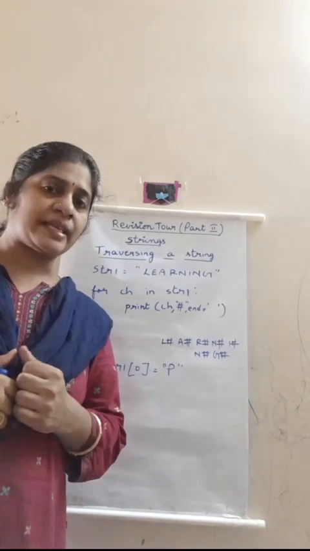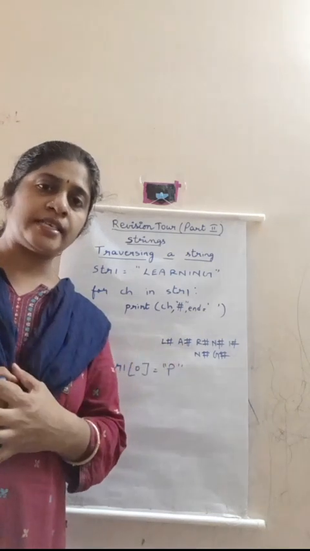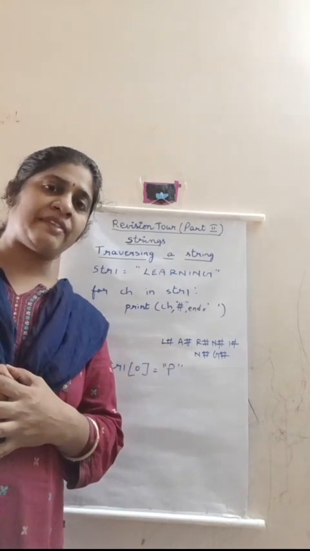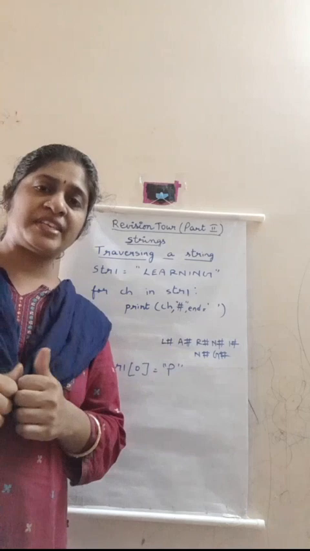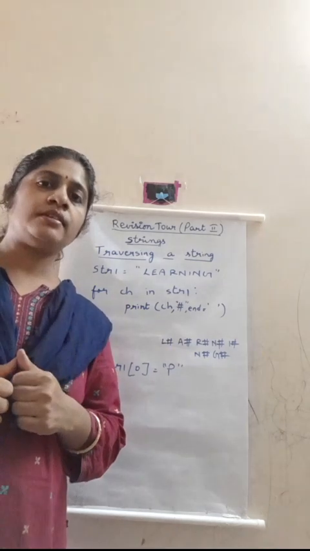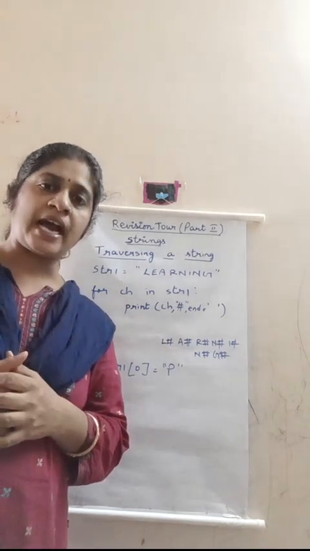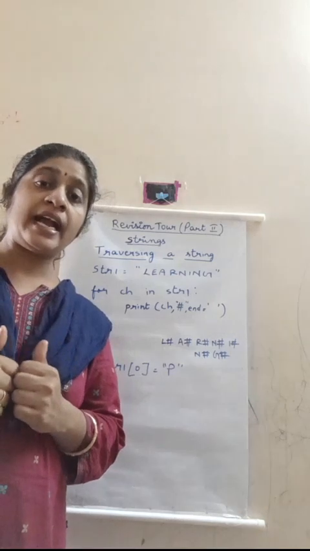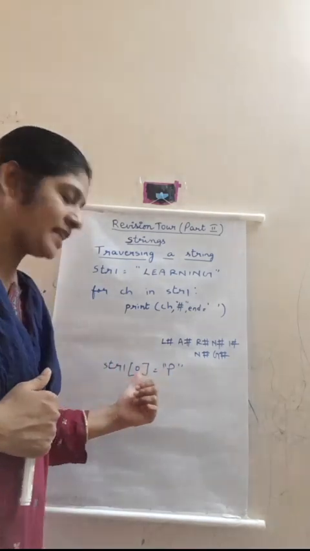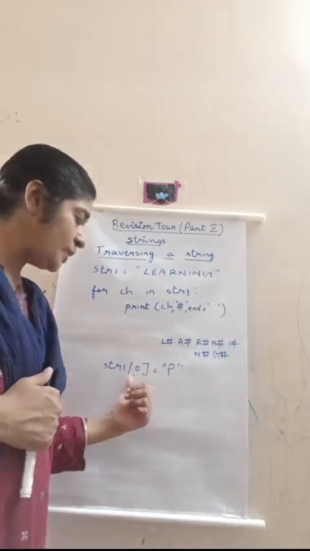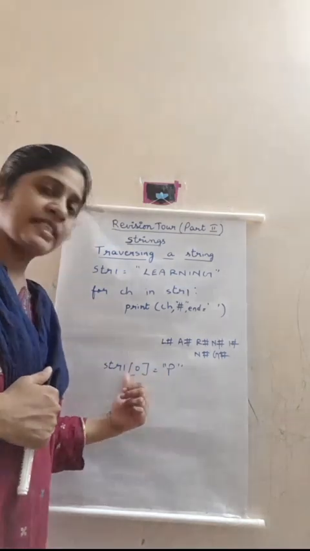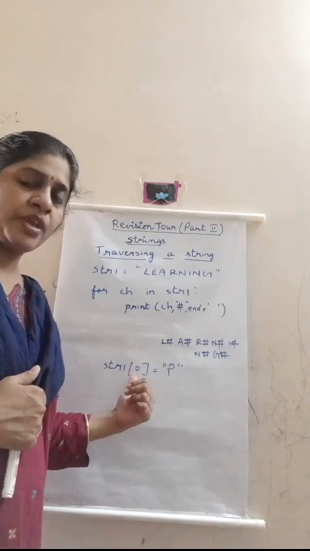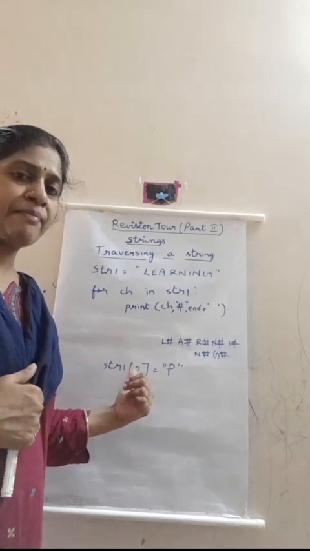You can watch that video in which I have explained that strings, integers and floating point numbers are immutable. They are not changeable. You cannot assign a value to an individual index of the string like this, because strings are immutable.